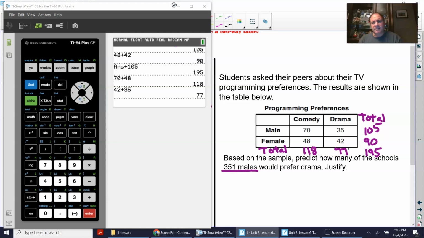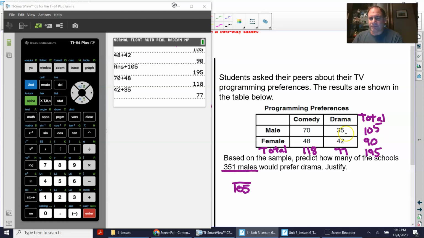So students ask their peers about TV programming. Based on the sample, predict how many of the school's 350 males would prefer drama. I'm just going to go by what the table says. In this survey, they only surveyed 105 males.